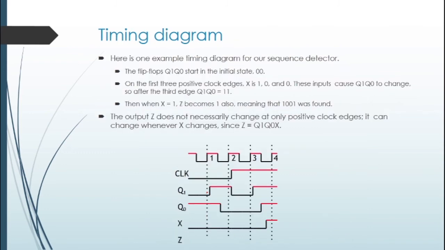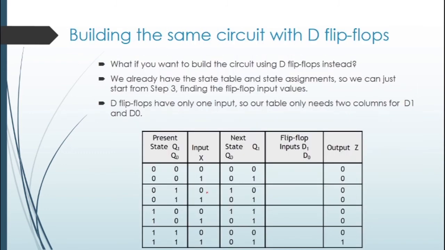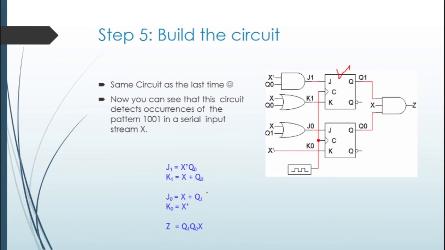Now we can do the same process with D flip-flops. From the JK flip-flops we generated the whole circuit, and we generated the JK input values for both of these flip-flops.